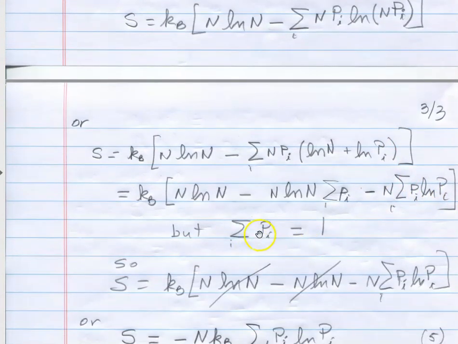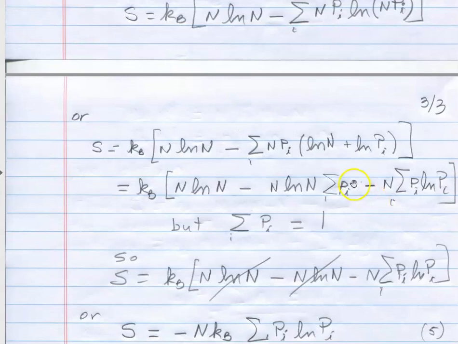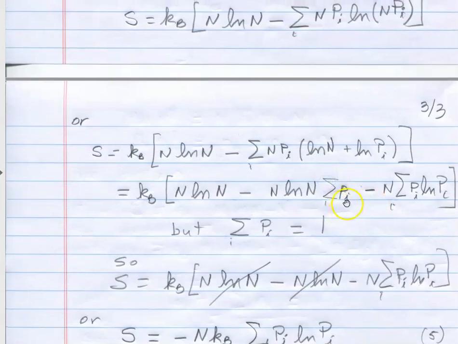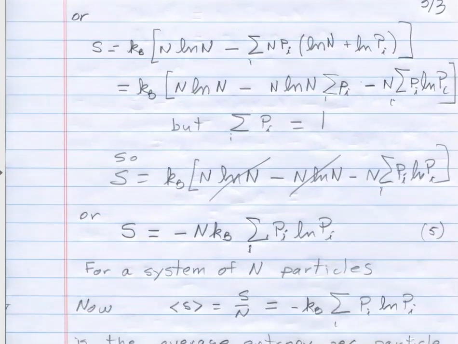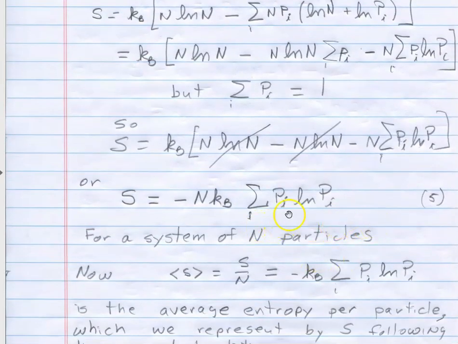But remember, probabilities summed over all the possible states have to sum to 1, so we can substitute 1 for this term here. That means the first and second terms are identical except for the minus sign, and so they cancel. And then we get essentially the Gibbs entropy relation.